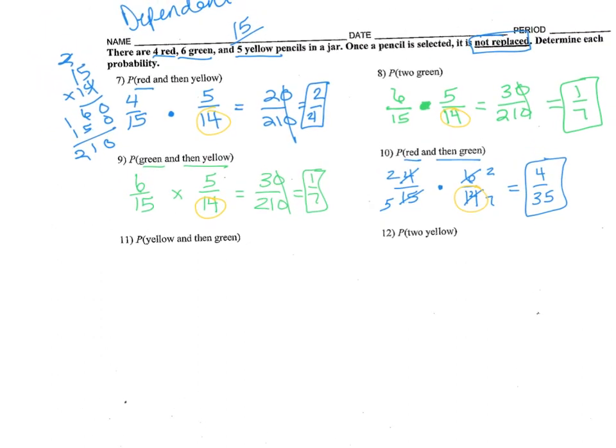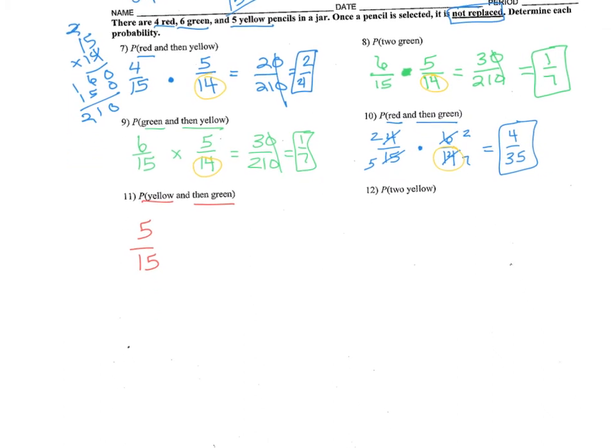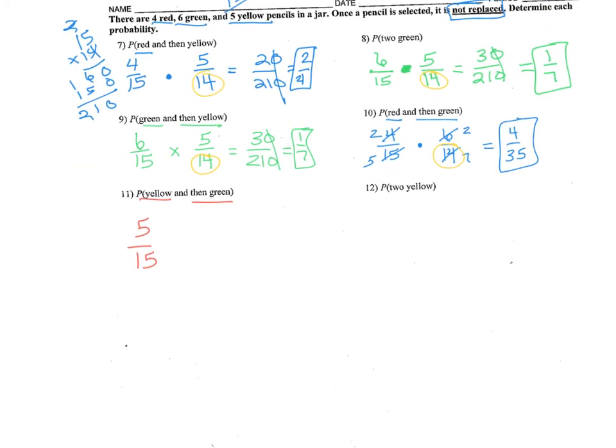So the probability of a yellow, then a green. We start out with 15 pencils. How many yellow pencils are in that box? 5. So 5 over 15. Can I reduce that down? Yeah, to 1/3. And then a green pencil. So my total now is 14 pencils in the box. And then how many green are still in there? 6.